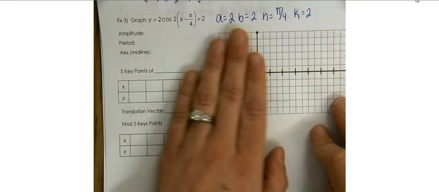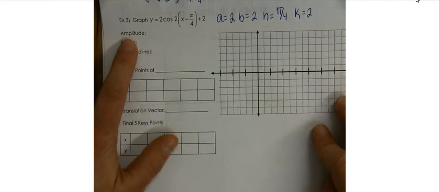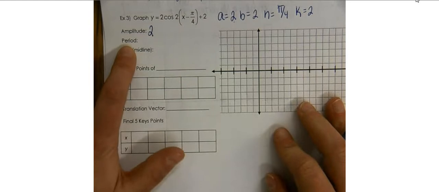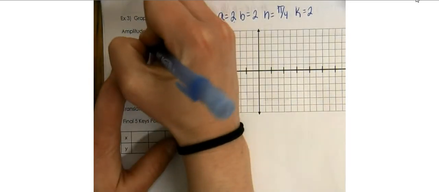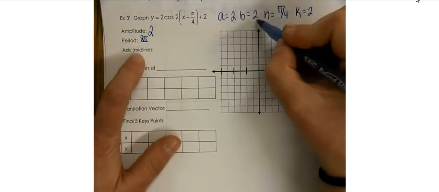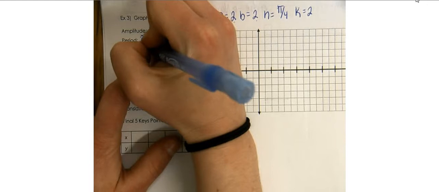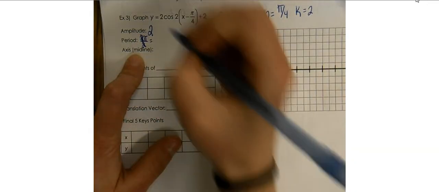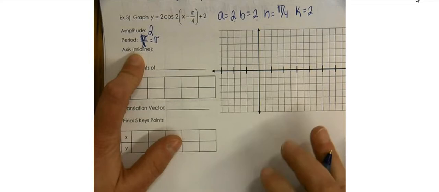So now based on this information, I'm going to identify my amplitude. My amplitude is my A value, and that's going to be 2. My period is 2 pi divided by B, and my B value is 2. So it's 2 pi divided by 2. The 2's cancel out, and I'm left with pi. So my period is pi.